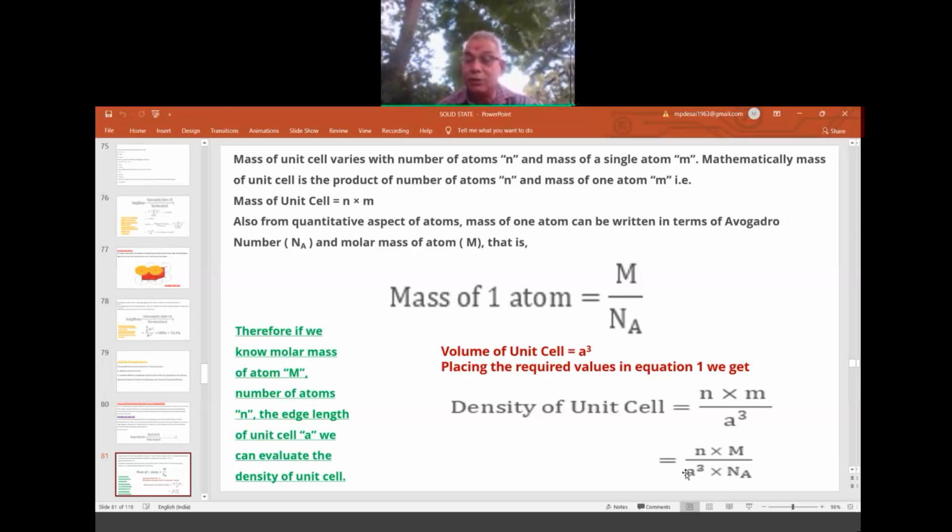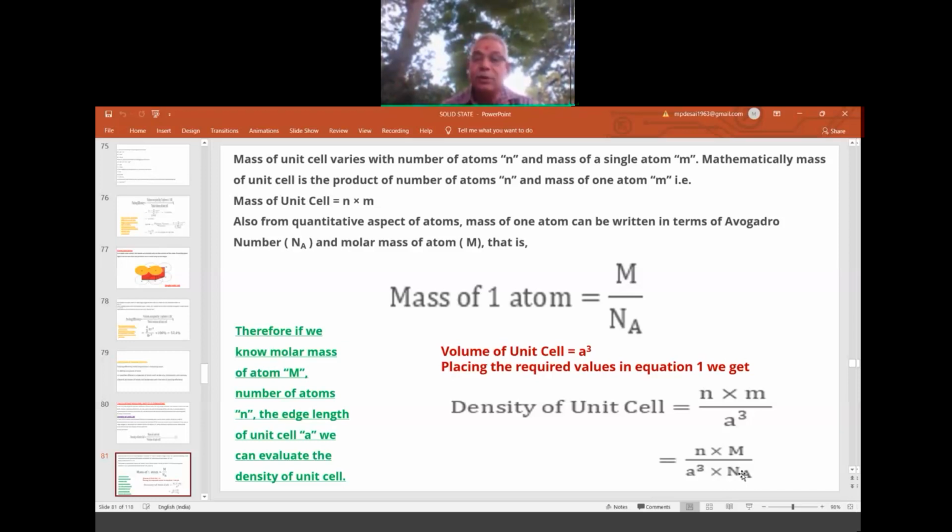Divided by Na, the Avogadro number of particles. So in total, the density becomes n into m by a cube into Na, that is mass by volume.